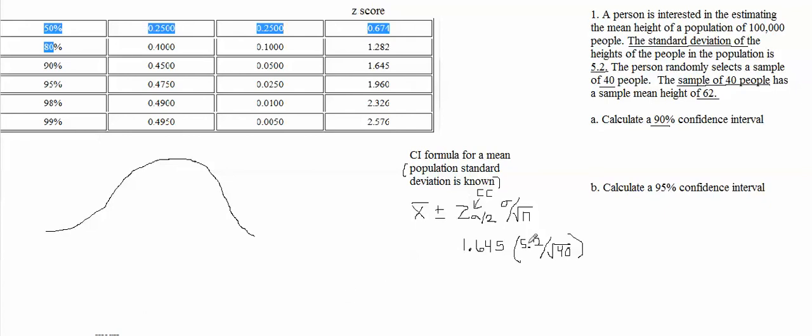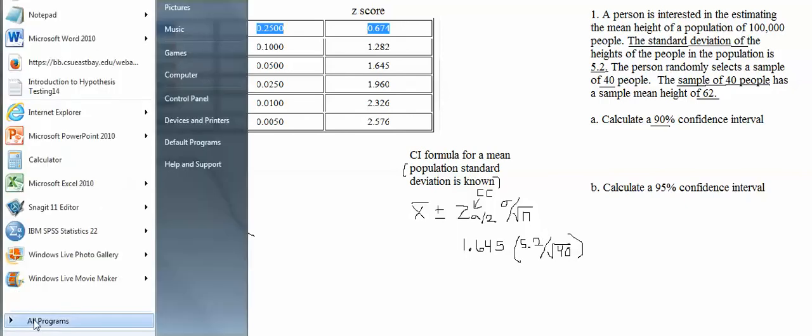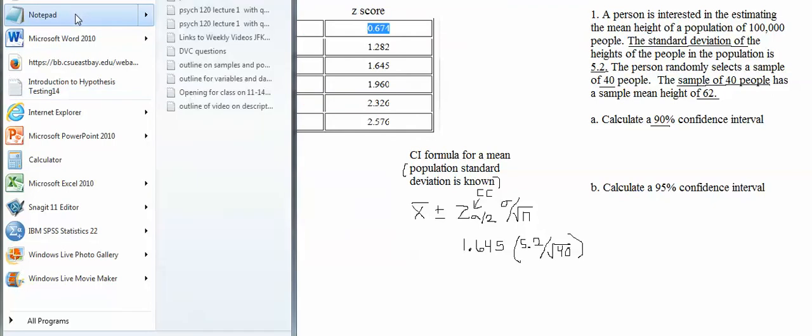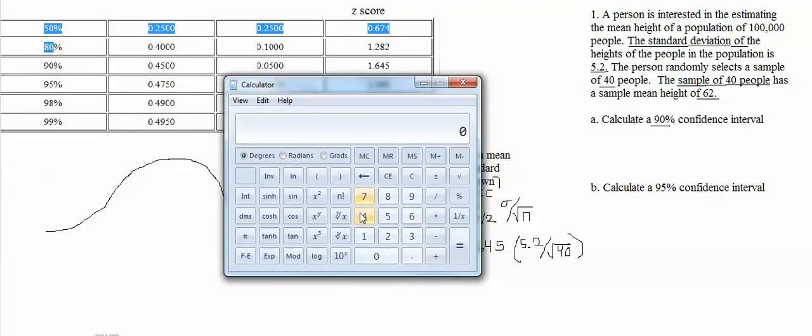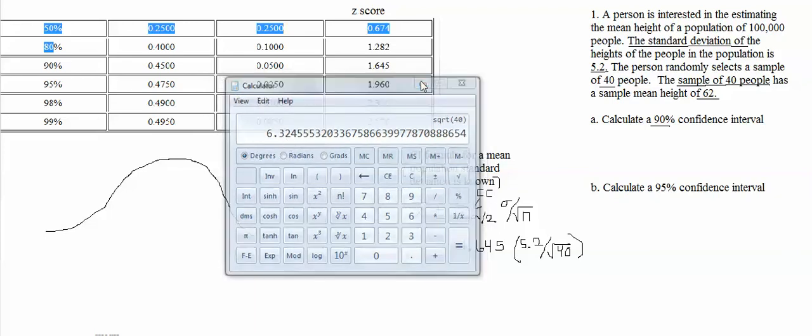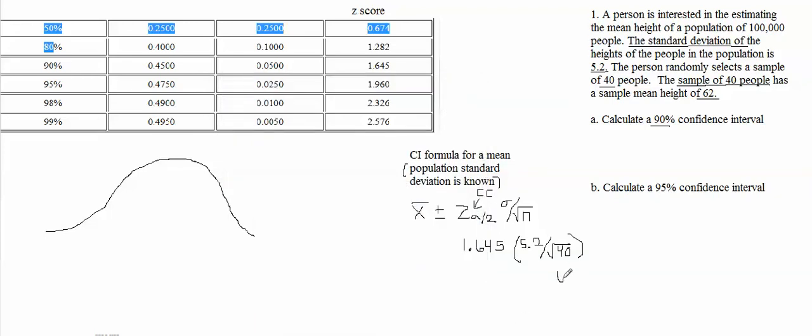So first we have to work inside the parentheses. We need to find out what the square root of 40 equals. It's about 6.32. So we need to divide 5.2 by 6.32.